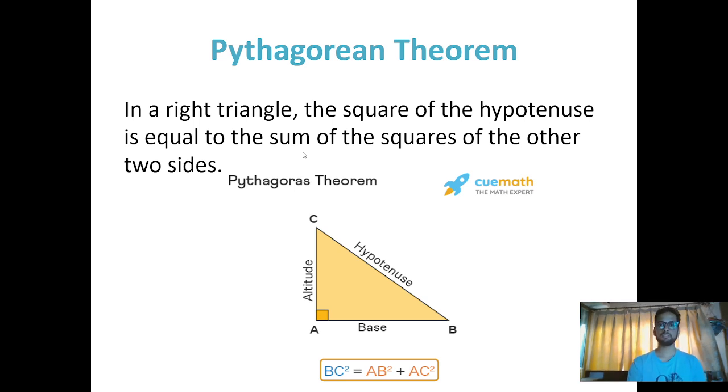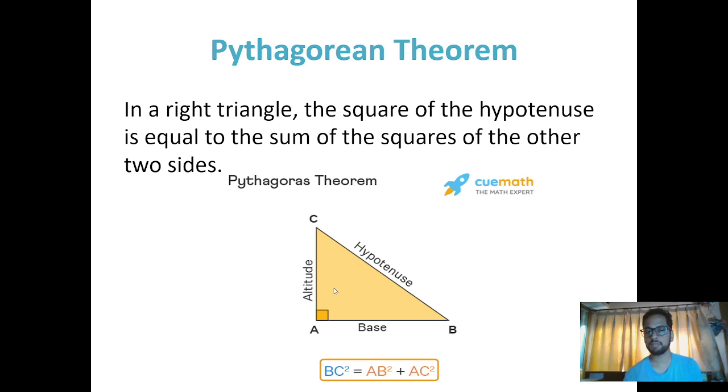Now we will come to the theorem. Any triangle video is incomplete without the Pythagoras theorem. It was given by a famous mathematician, Pythagoras. In this theorem, if we take a triangle, let us say A, B, and C, having a right angle at angle A, then the square of the altitude and the square of the base will be equal to the square of the hypotenuse.